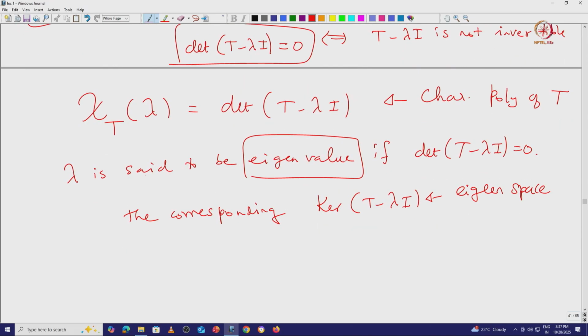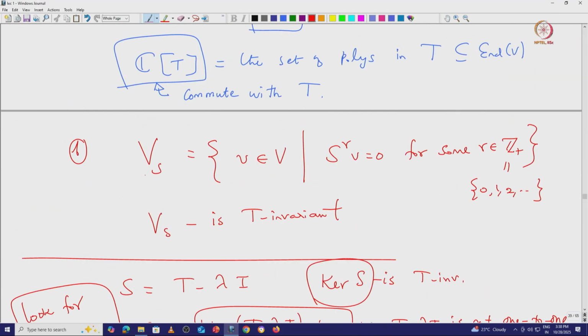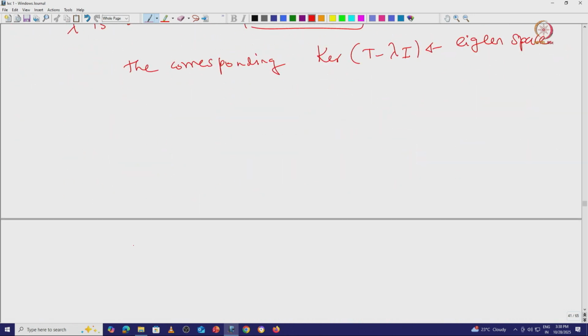Okay. So, now as before, using this second exercise we also can define something larger than this eigenspace. So, we can define this generalized eigenspace. So, what is it? The generalized eigenspace corresponding to lambda is defined to be V lambda.